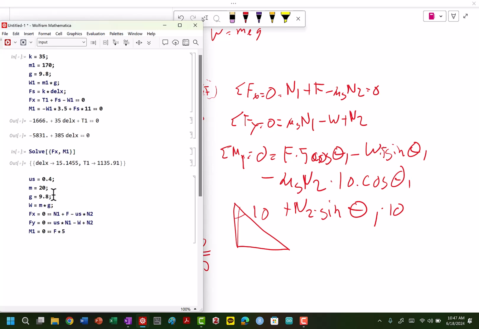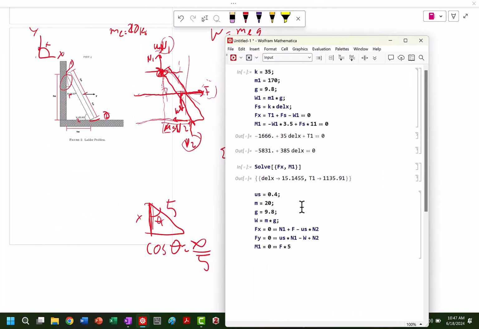We need to find our angles here. Actually, I'm not going to type it in each time. I'm just moving my recording mic here. Let's do theta equals 36.87 degrees. Good.